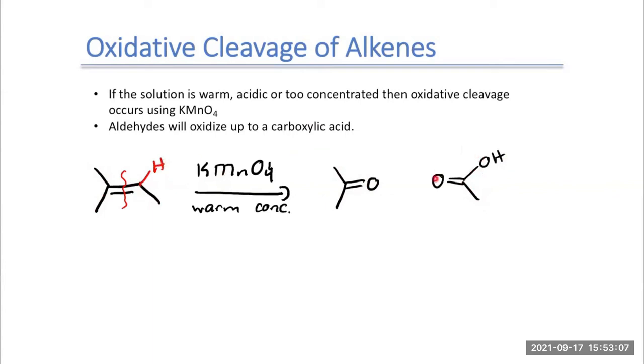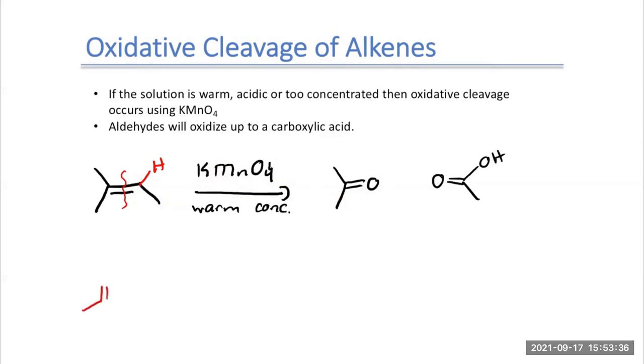So that's how we end up with carboxylic acid here. And so potassium permanganate is a very powerful oxidizing reagent. It's a very powerful oxidizer. Given the chance, it'll keep oxidizing anything to its highest oxidation state.